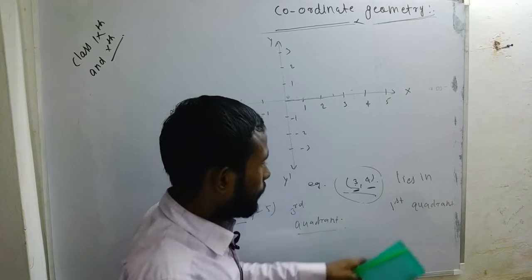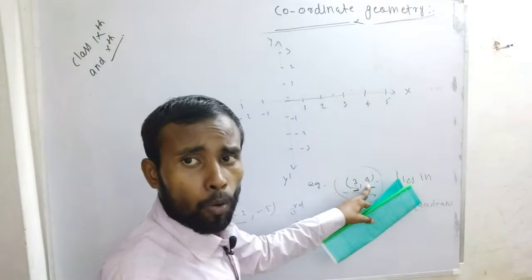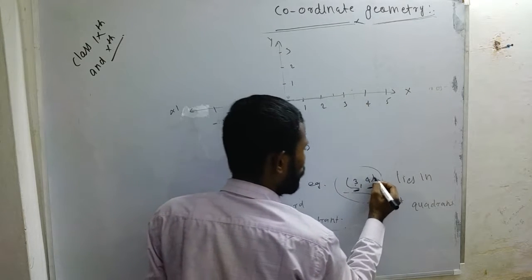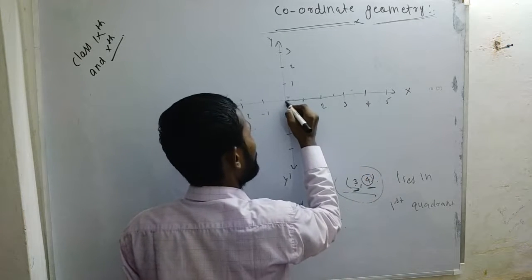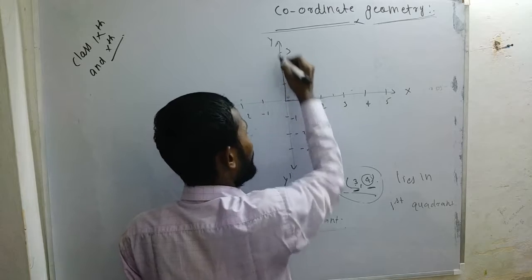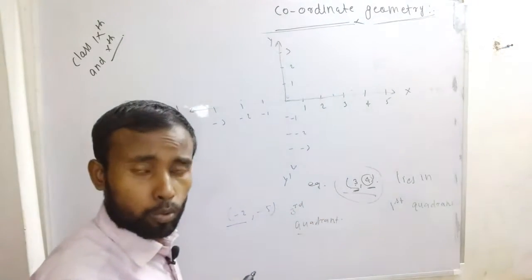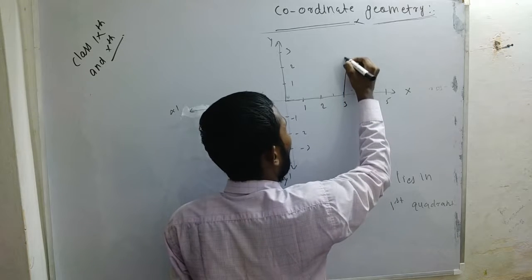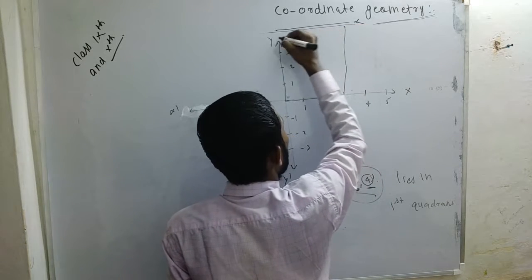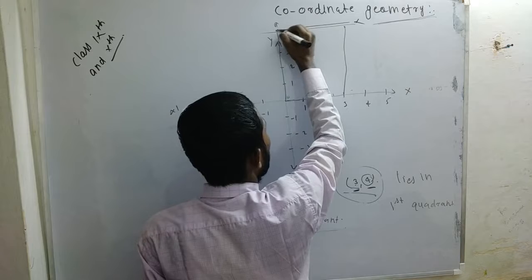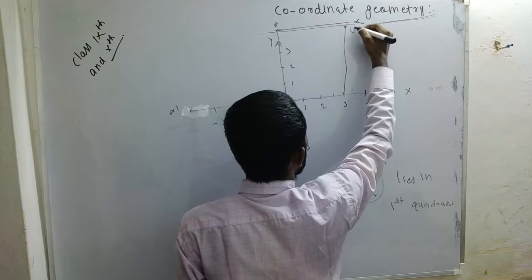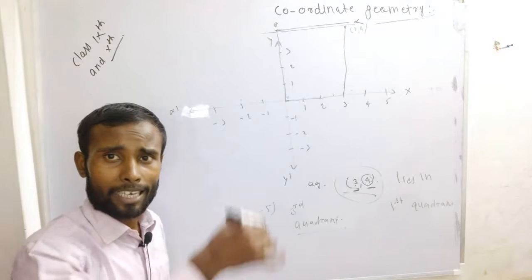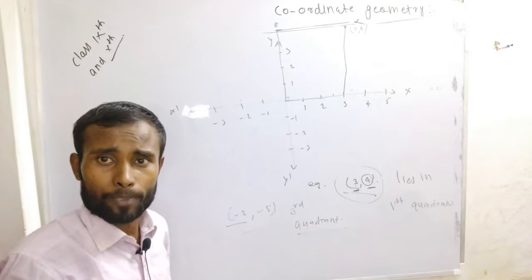After it, we have to go 4 in the upward direction, because 4 is a positive number, which is in the upward direction of the y-axis. So we go in the upward direction, that means 4. This point represents (3, 4). In a similar way, (-2, -5) can be represented on a graph.